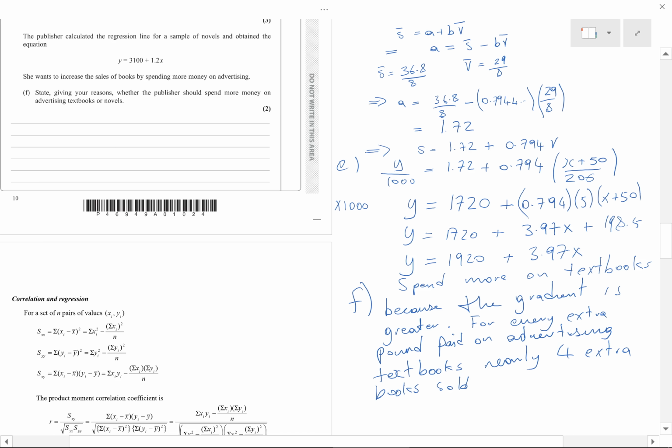It is about the gradient, but other questions sometimes want you to put things in context, so that's what I'm doing here. So this is a little bit more than was required for this particular answer, but sometimes it's difficult to know. I suppose it's 2 marks.